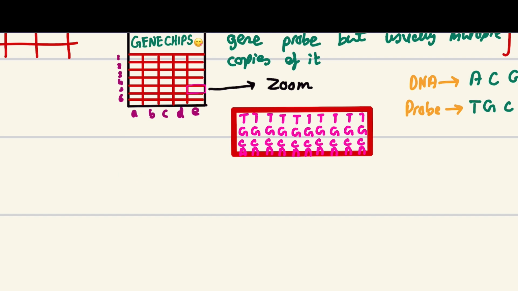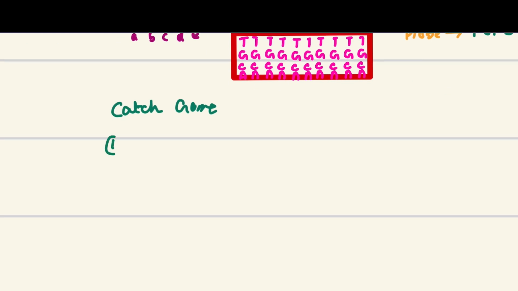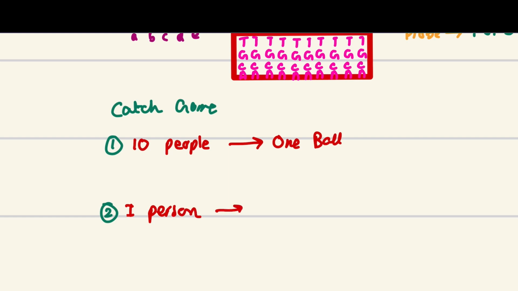Let's say there's a catch game. So there are two scenarios. In the first scenario, there are 10 people standing and there's one ball coming towards them. And then in the second, there's one person and one ball.